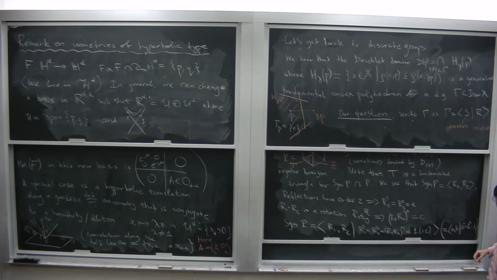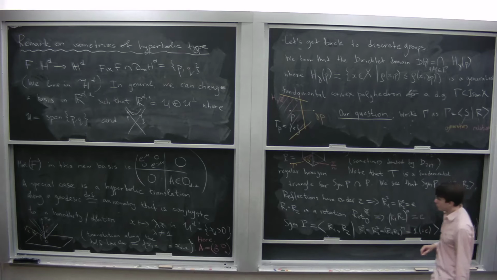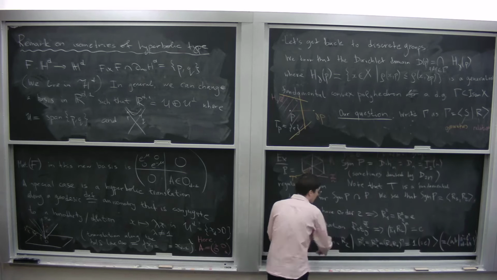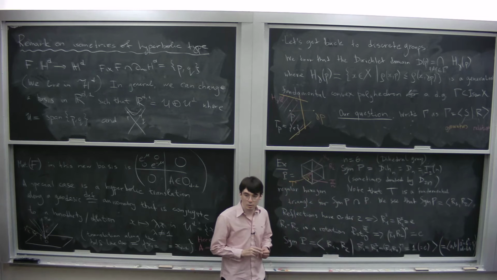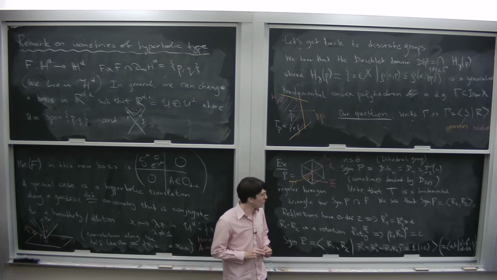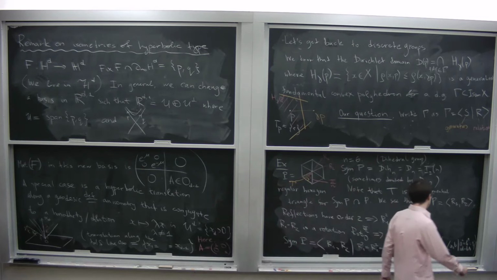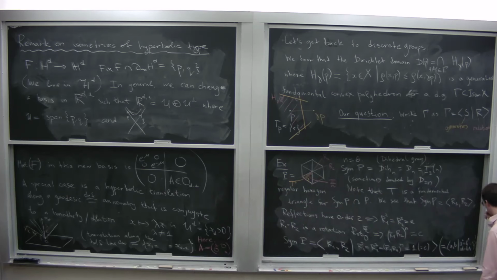I also probably need AB equal to BA. Yeah, they are commuting isometries. But no, one of those needs to be inverse. It's not a commutative group per se.